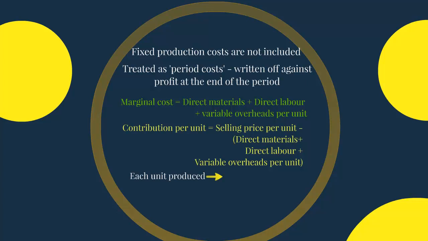So every unit you produce pays £5 towards paying off your fixed costs. And at the end of the day, the total contribution, so that's the contribution per unit times by units sold, and you deduct your fixed costs from that, gives you your profit.